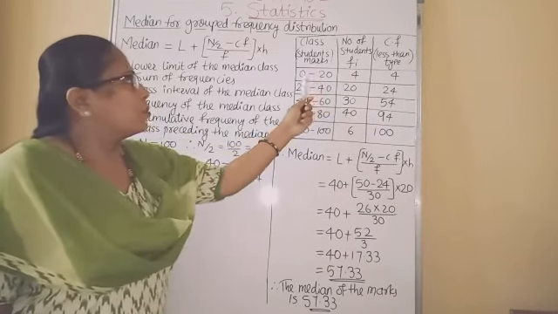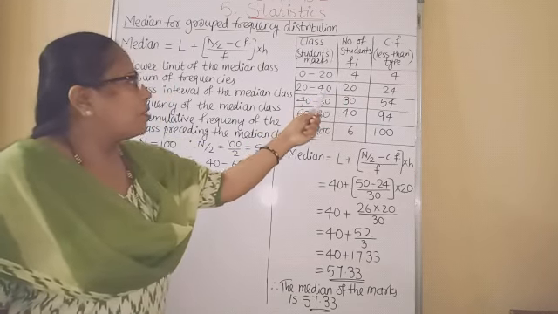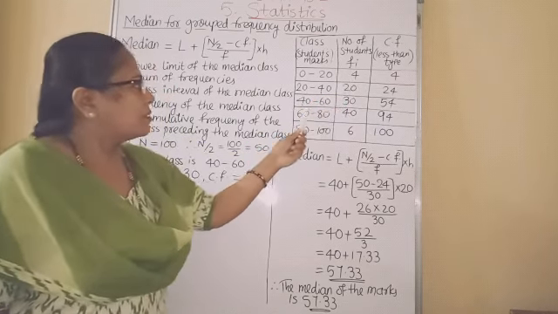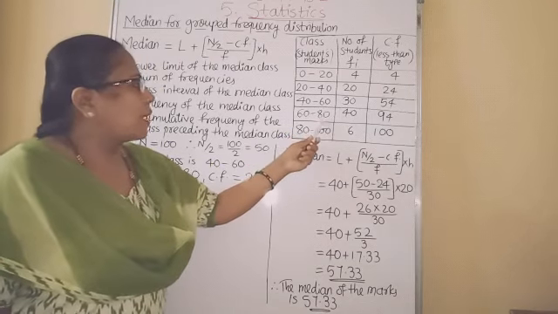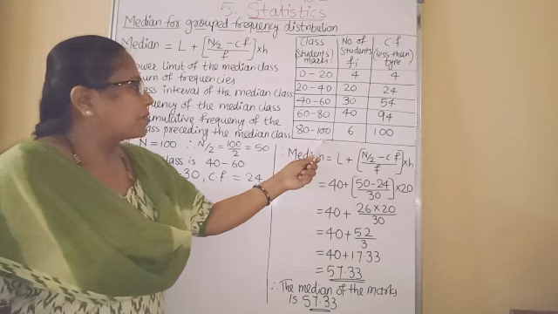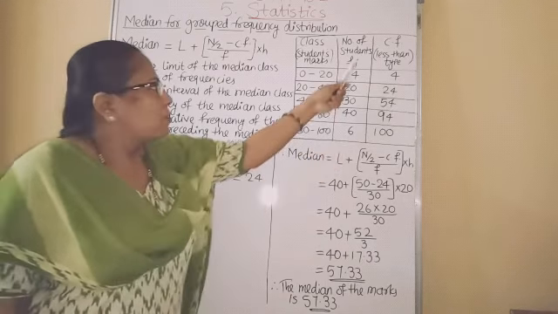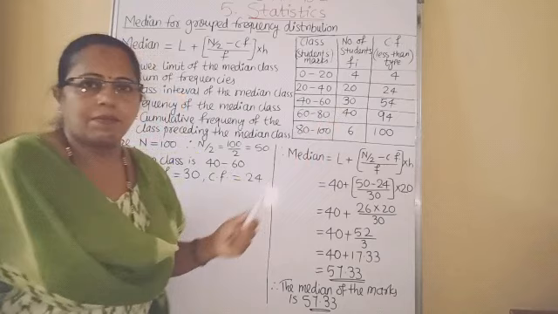Marks 0 to 20 were scored by 4 students, 20 to 40 by 20 students, 40 to 60 by 30 students, 60 to 80 by 40 students and 80 to 100 by 6 students. So this much information is given in the question.